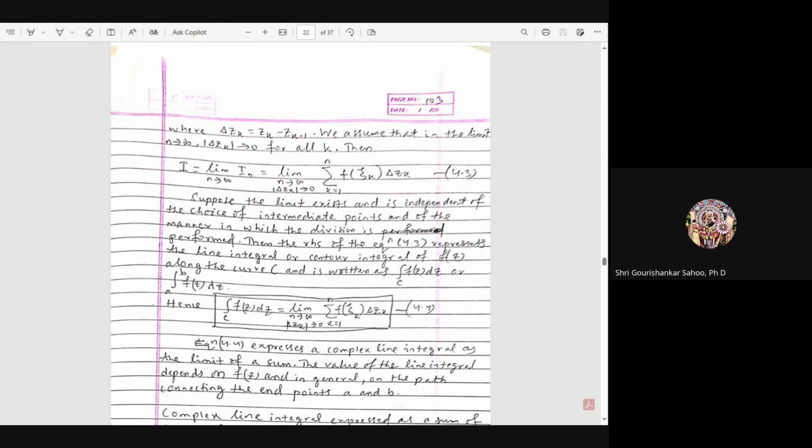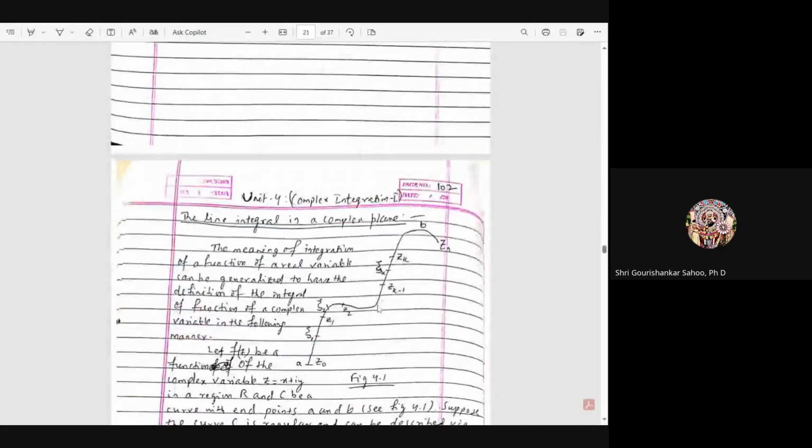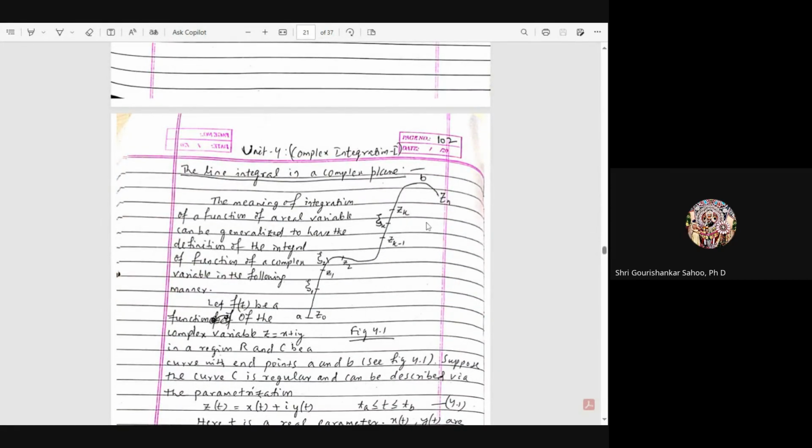Then the right hand side of the equation represents the line integral, the contour integral of f of z along the curve C, and can be written as integration C f(z) dz or integration a to b f(z) dz.